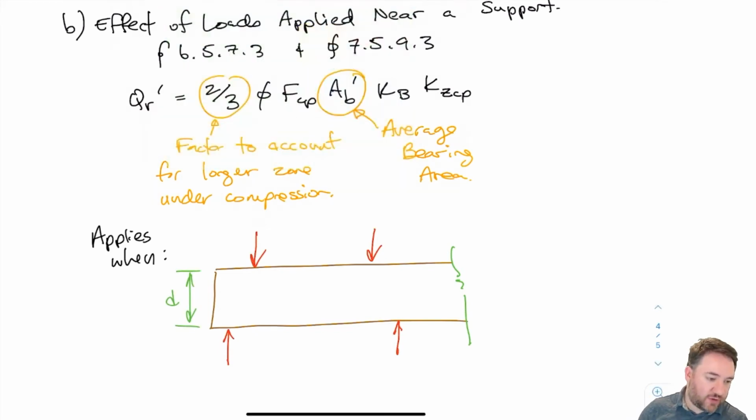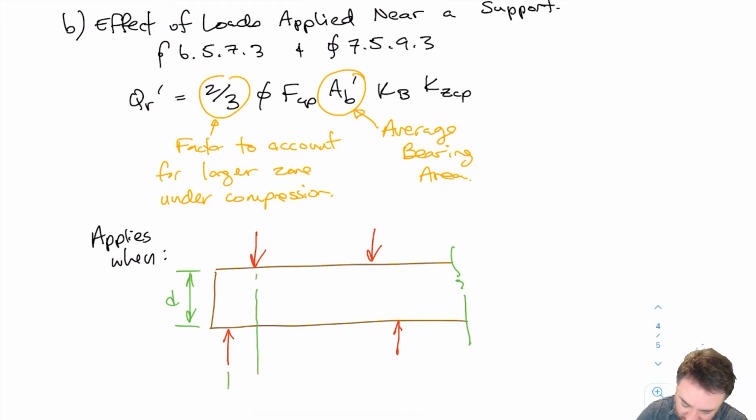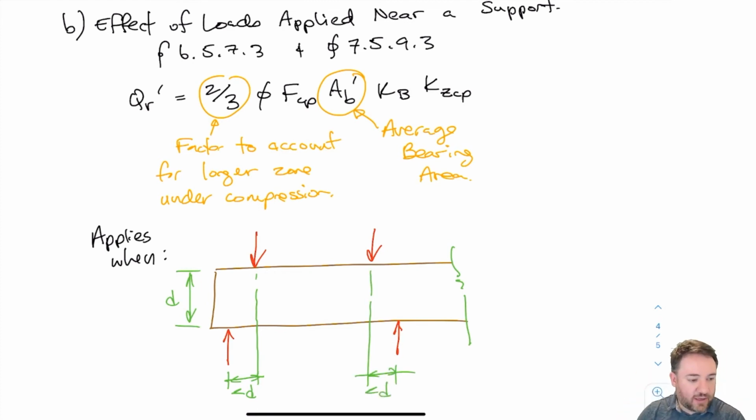If I have two loads that are more or less on the other side of the member from each other, and they're both causing compression perpendicular, then my criteria is that if those two loads are within D apart from each other, so if the distance between these two is D, the depth of the member as shown there, or less, then I need to consider effective loads applied near a support. And that applies whether we're at the end of the member or whether two loads are near the center. It doesn't matter as long as those loads are close together within D.